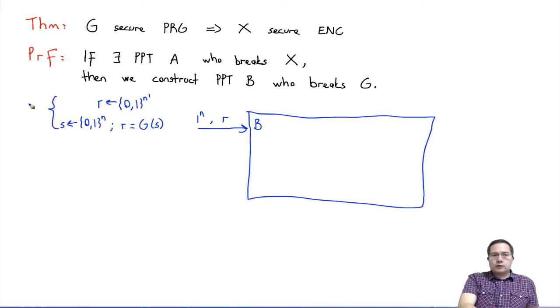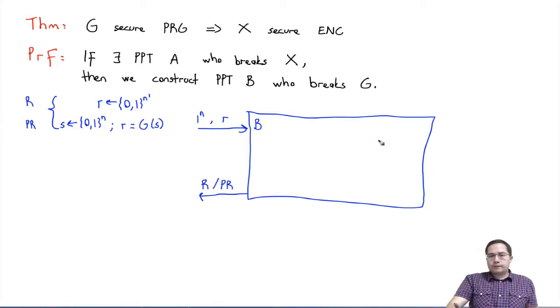So this corresponds to the random case, this corresponds to the pseudorandom case. So R is either random or pseudorandom, which means eventually we need to guess that. We need to say random or let's say pseudorandom.